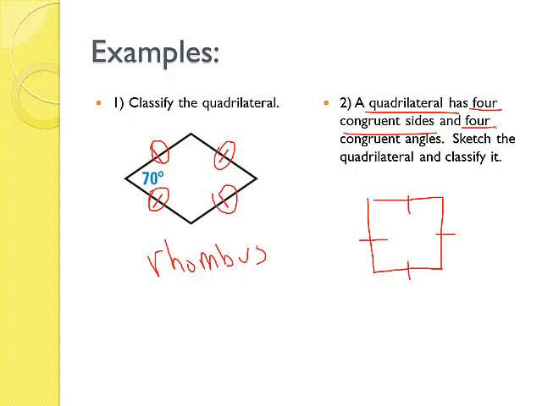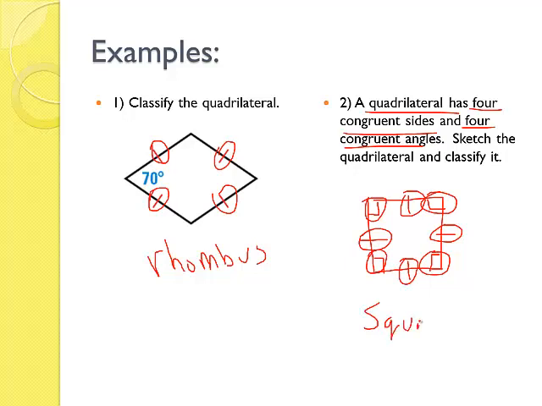It has 4 congruent angles. 1, 2, 3, 4. Looking at the labeling, I see I have a rectangle because of the right angles, and I also have a rhombus because of the dash marks of the labeled congruent sides. So a rectangle and a rhombus combined together, this would be a square because it has the properties of both a rectangle and a rhombus.